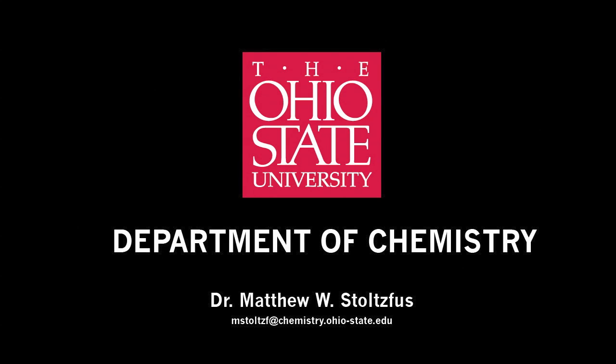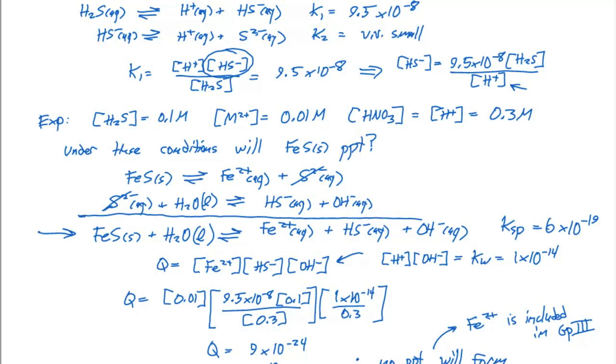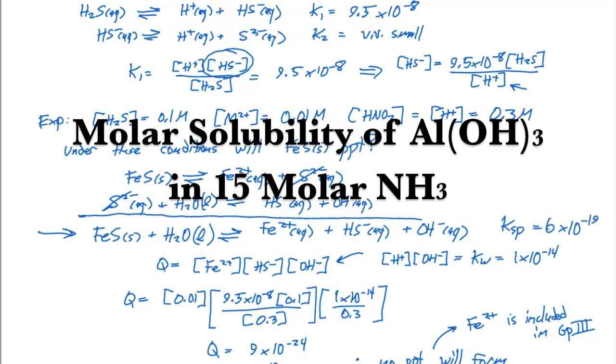We also said that the group 3 cations will eventually precipitate out as we raise the pH.